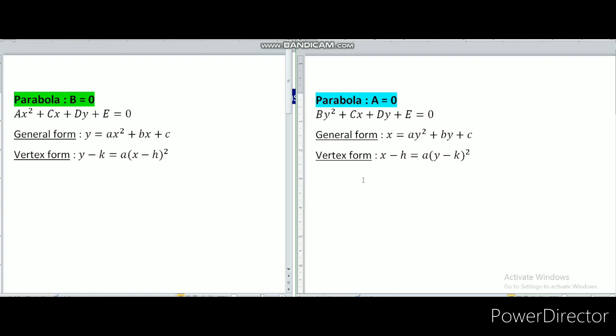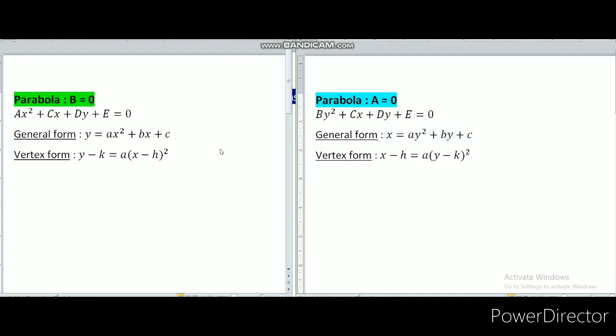Since on the left parabola we have y equals ax squared, the vertex form begins with y minus k, and inside the square will be the x. But for the parabola on the right side, since the general form is x equals something, the vertex form you need to present with x first also, x minus h, and then you can see it on the screen.